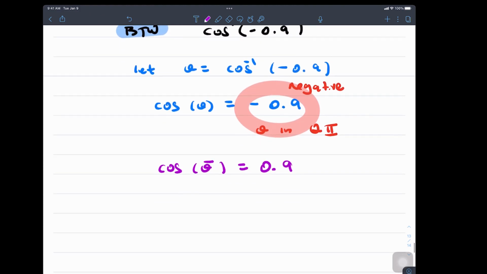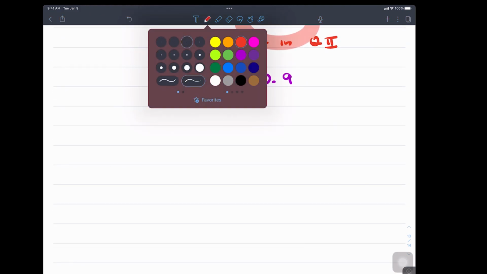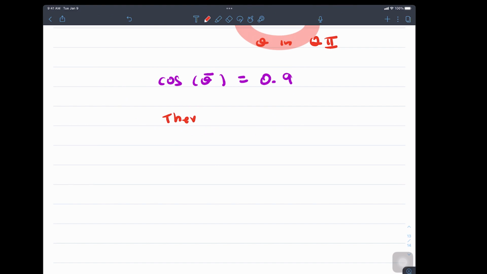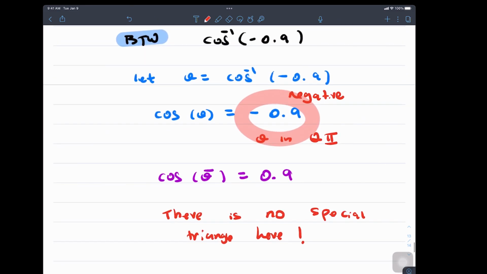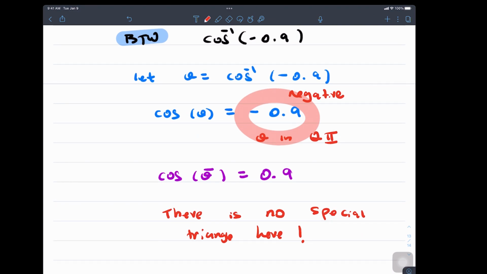And then you say, Mr. Judge, what do I do now? There is no special triangle here. Remember I said all of this is very specially chosen so that there's a special triangle? And there's only 2.